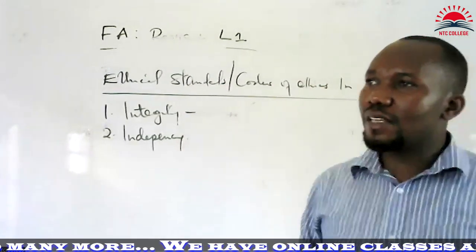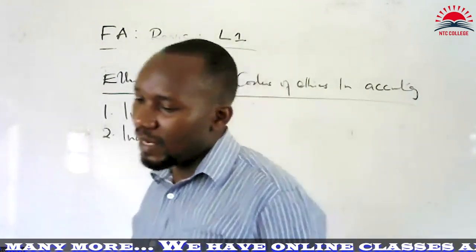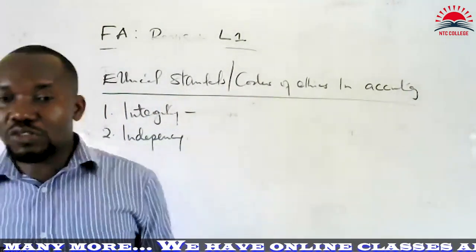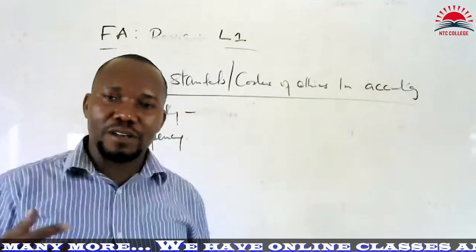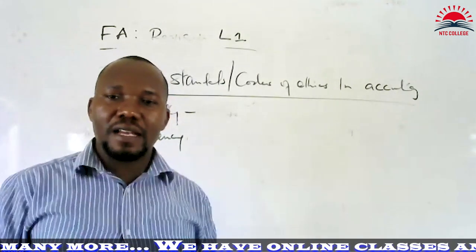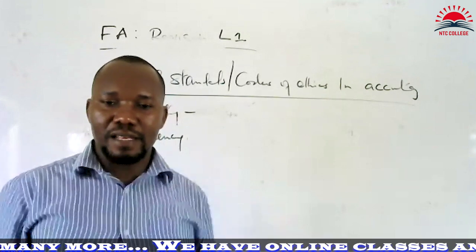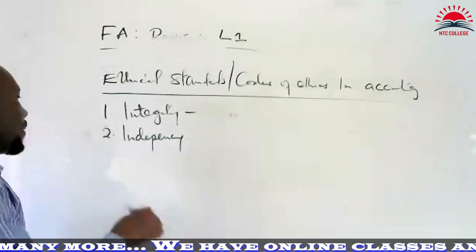Independence means that you need to be somebody who can make an independent decision, without being biased or influenced by anybody. And of course, here we have types of independence.